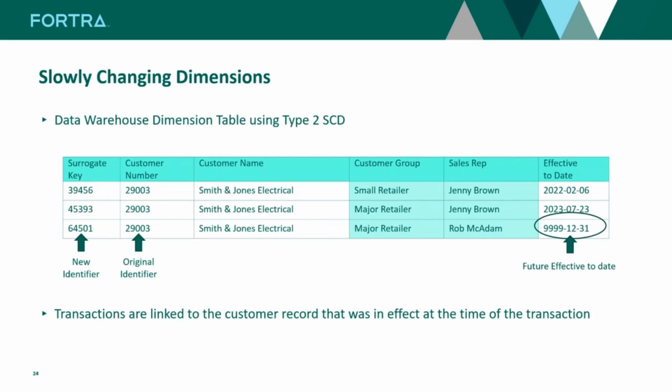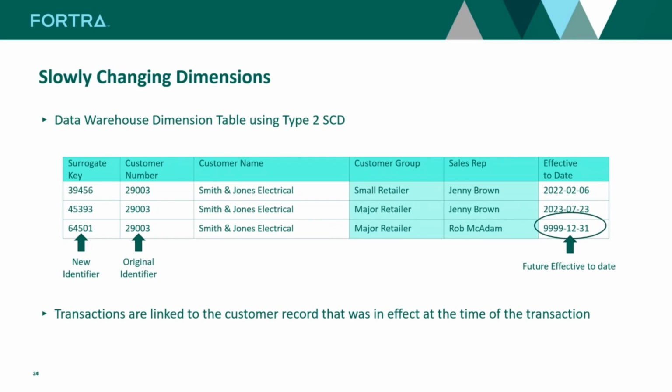The current record will be assigned some unknown future date. We typically use the highest possible date value, 9999-12-31. You can also include something like an effective from date column and a flag to indicate the current row value, but these are not really necessary.